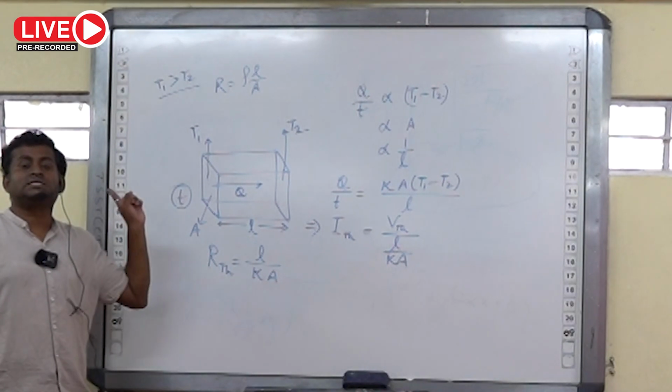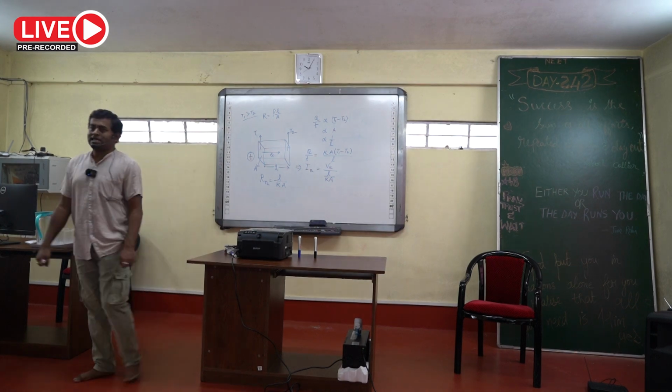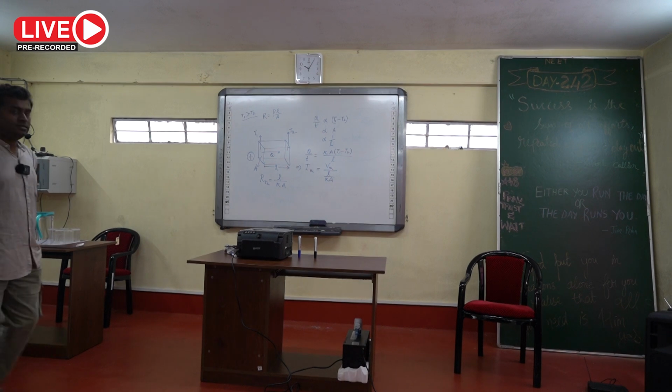So it has the same format and same property as the electrical resistance. Electrical resistance is directly proportional to length if area of cross section is constant. So similarly, thermal resistance is directly proportional to length if area is constant and inversely proportional to the area of cross section, like the electrical resistance. Okay.